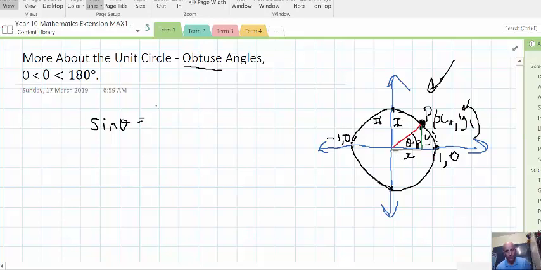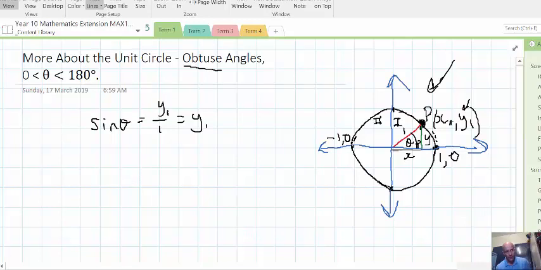And so opposite over hypotenuse, for sine, would be y is the opposite. Now what's the hypotenuse? It's a unit circle, so it has a radius of 1, and we've seen before that that just comes out as y. So the y coordinate, or the y distance, is the same as sine. In this particular case it's got a little name 1, but that's just a name.